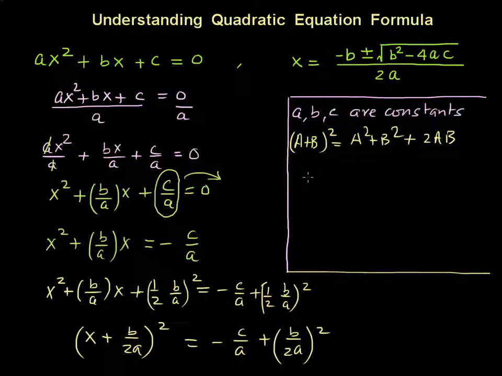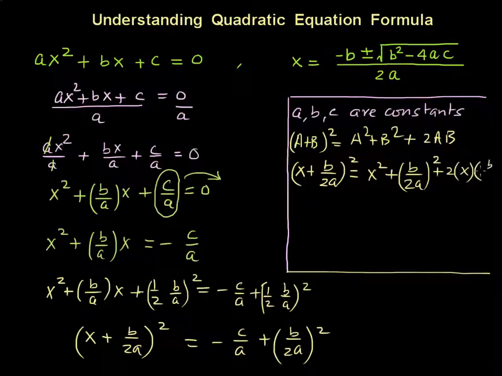So if I use, in place of a plus b, x plus b upon 2a, and do the whole square here, then the first term is x square, the second term is b upon 2a square, and then the third term, which is 2 into the first term and then the second term b upon 2a, right?